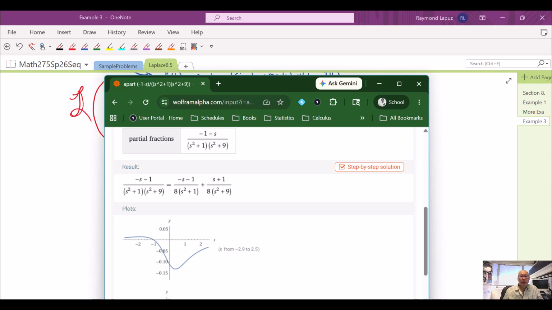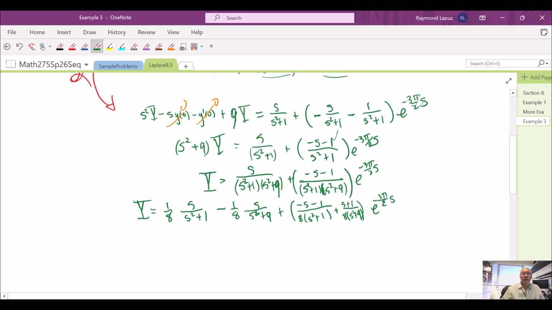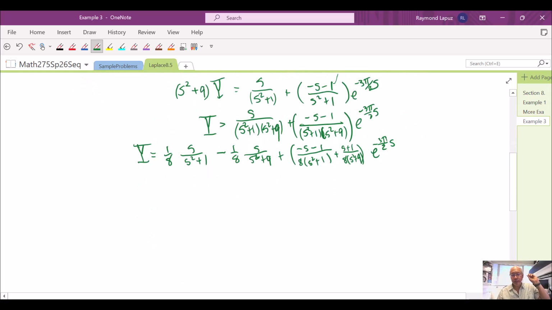Now we have a combination of s's and constants. So this is going to be minus s minus 1 divided by an 8 here, s squared plus 1, and then plus s plus 1 over another 8 here, and then s squared plus 9. And we have the exponential, and now we're kind of ready to transform back. Just a little bit of a warning here.